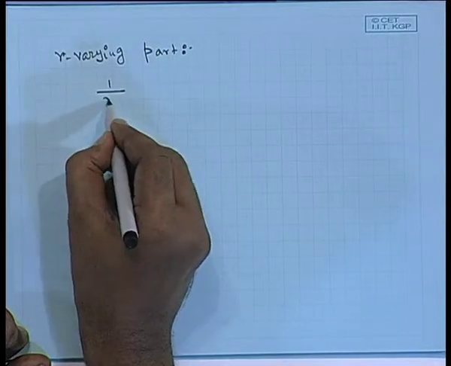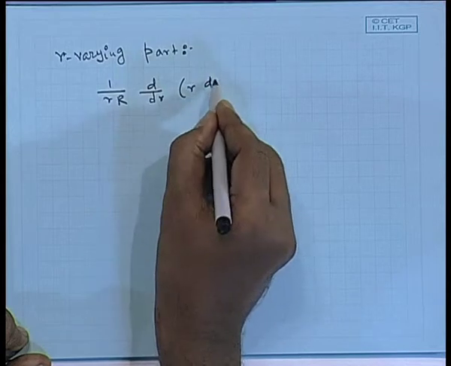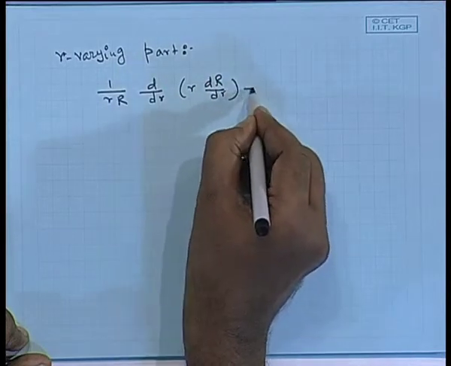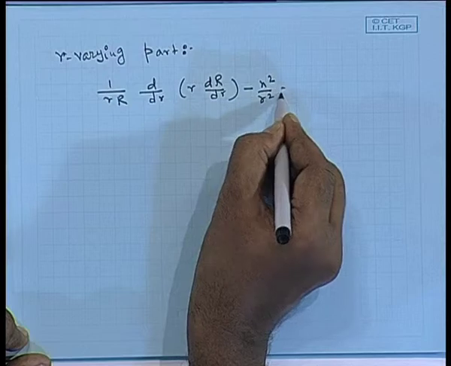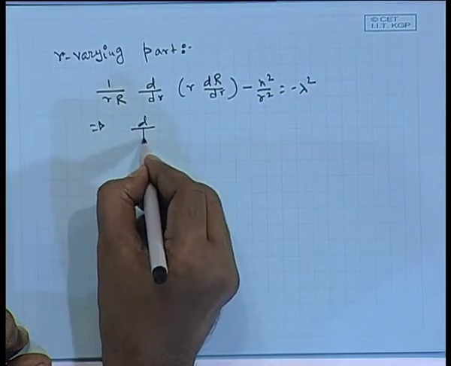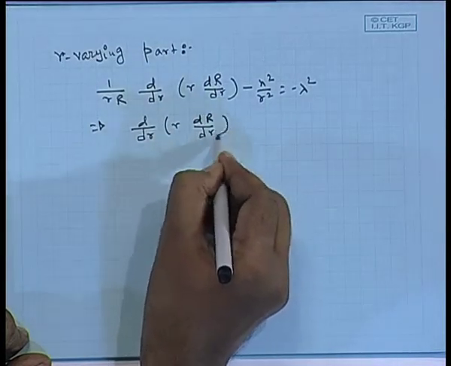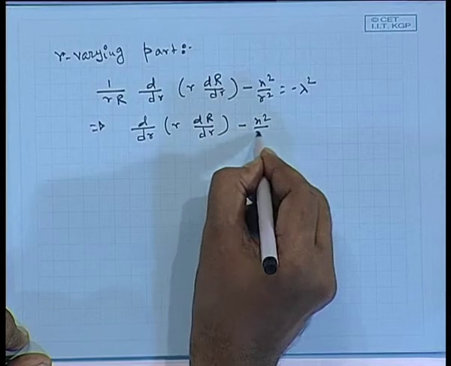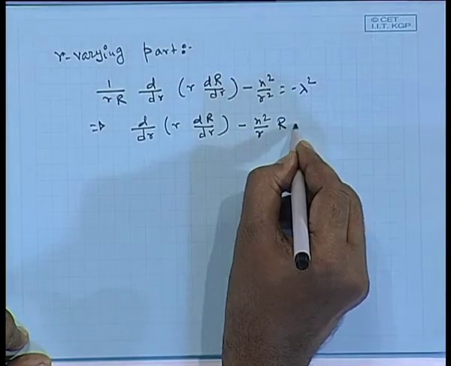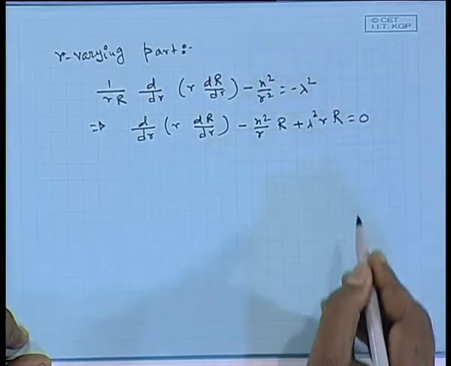It becomes 1 over r d dr r dr minus n square by r square is equal to minus lambda square. In compact form, it becomes d dr r dR dr minus n square by r capital R plus lambda square r R is equal to 0.